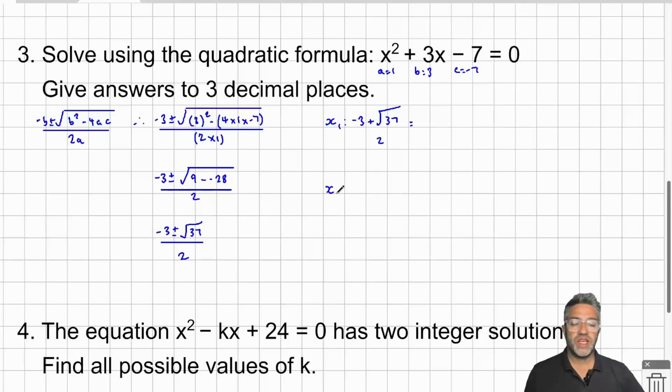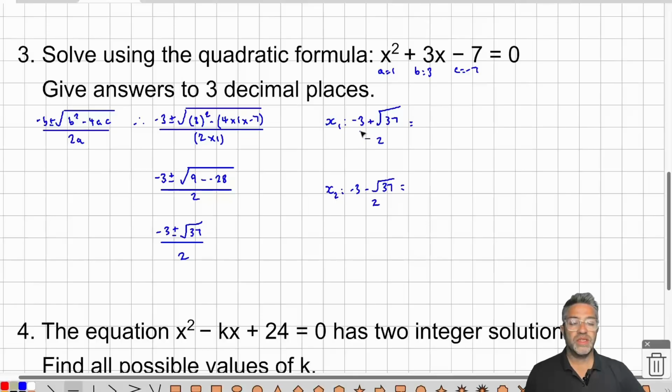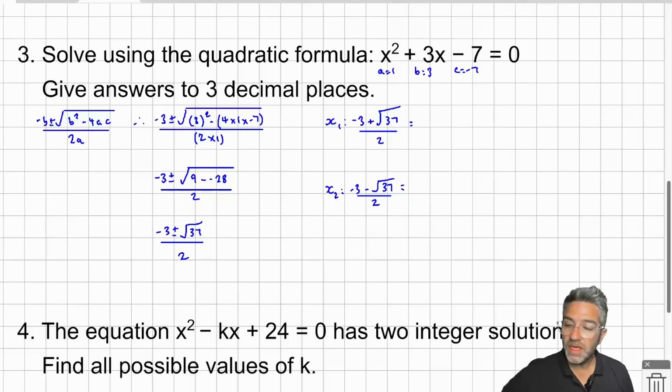And to work out x2, I will do minus 3 minus the square root of 37 all over 2. Let me draw my lines in for that absolute clarity.